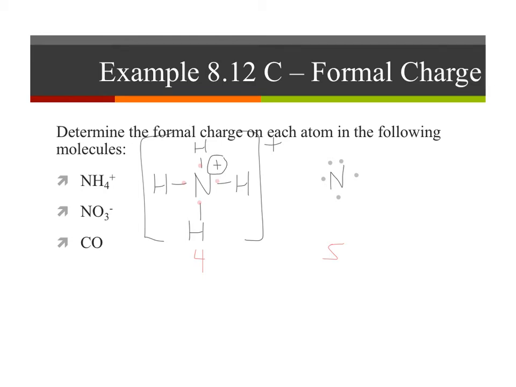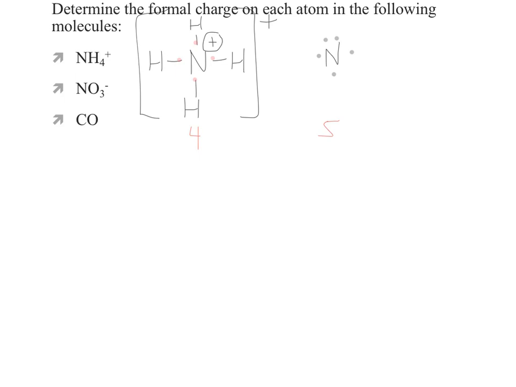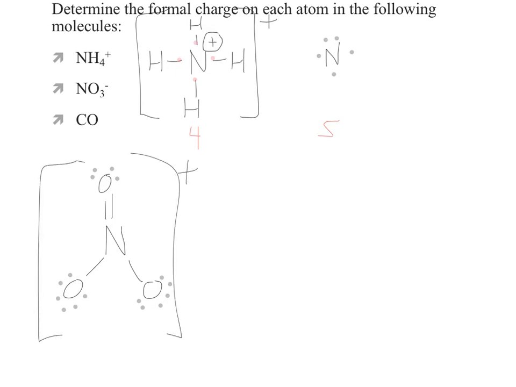If we do the same thing for the nitrate structure, we can just pick one of the resonance structures. Remember from previously that it looked like this. It's a -1 ion. We need to compare to the nitrogen and to oxygen by themselves.